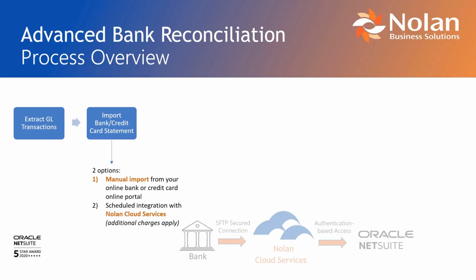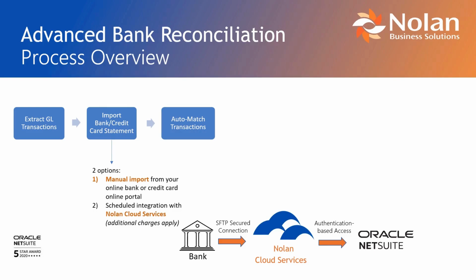That will pull your bank activity file, typically in a BAI format, into our hosted platform, Nolan Cloud Services, where your bank data will then be populated and can then be pushed to your Oracle NetSuite instance. And all of that is securely done through an authentication-based process through a web services connection.